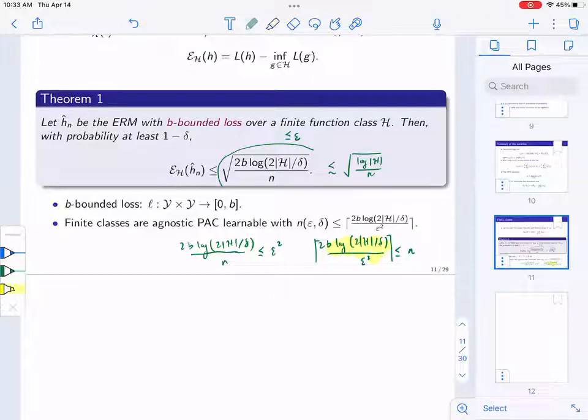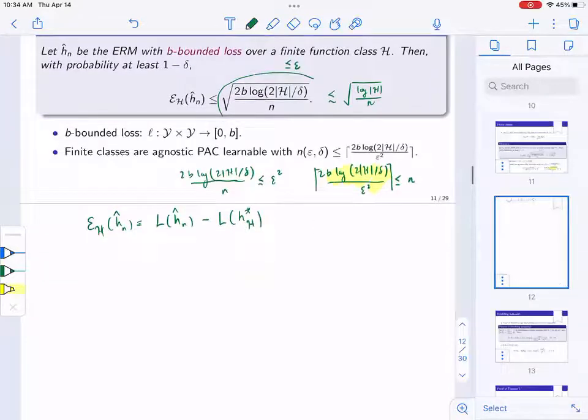The excess risk of h hat n is L h hat n minus, let's call it, L h star, that's the best in class h, that's what we have, right?